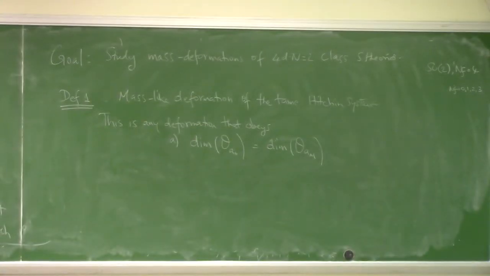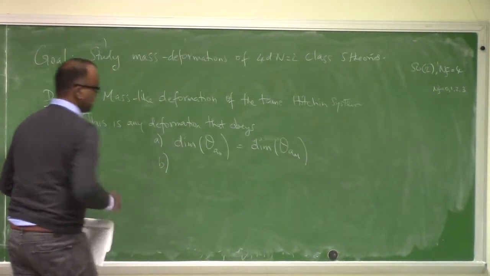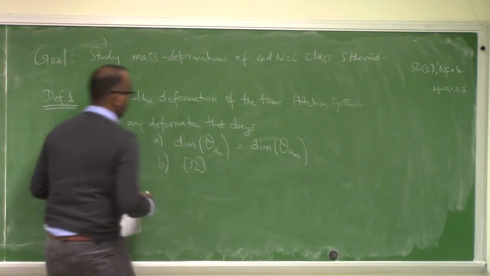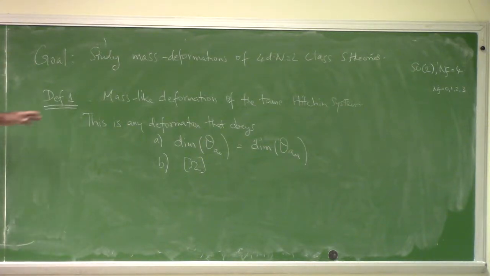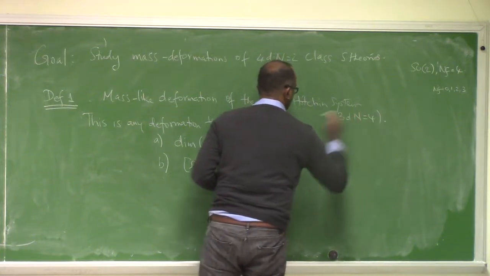The first condition is that the dimension of the adjoint orbit before the deformation should be the same as the dimension of the adjoint orbit after the deformation. That's why I wrote this formula for you, because the dimension enters the dimension of the total Coulomb branch. The second condition is that if I look at the holomorphic symplectic form on the deformed Coulomb branch, I'm talking here about mass deformations of the 3D N=4 theory.